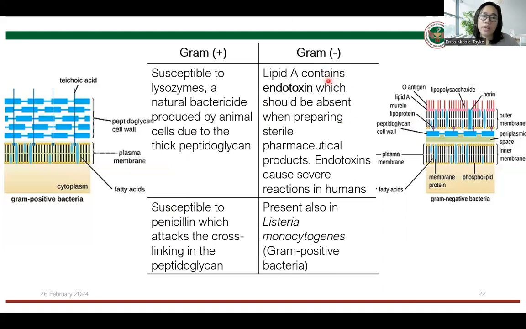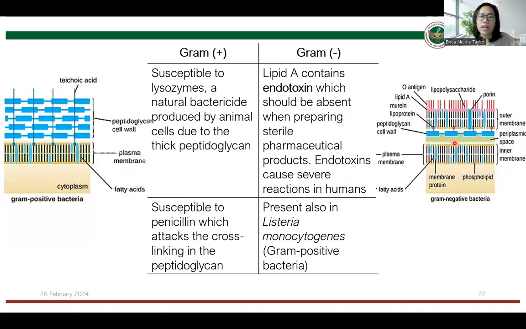So let's just go to, sige, balikan lang natin, when we discussed earlier the lipid A, which is part of the outer membrane of your gram-negative. So yung lipid A, it actually contributes to the virulence factor of your gram-negative bacteria.